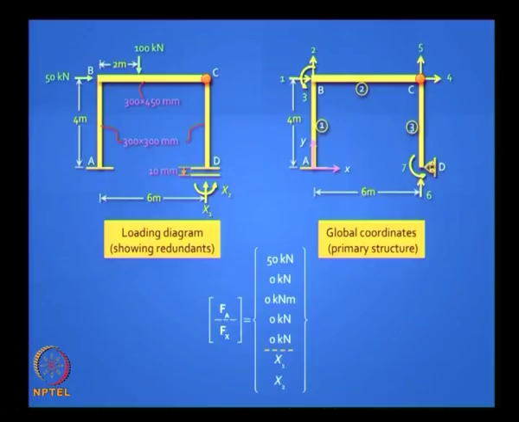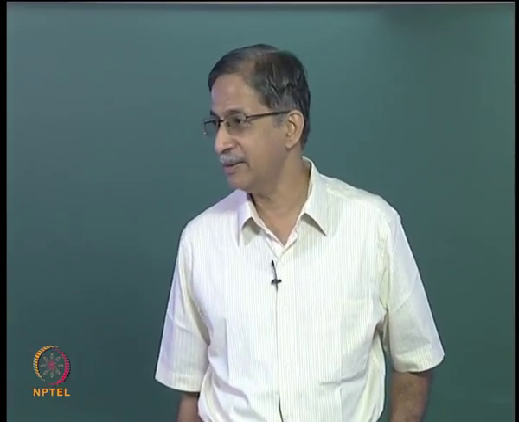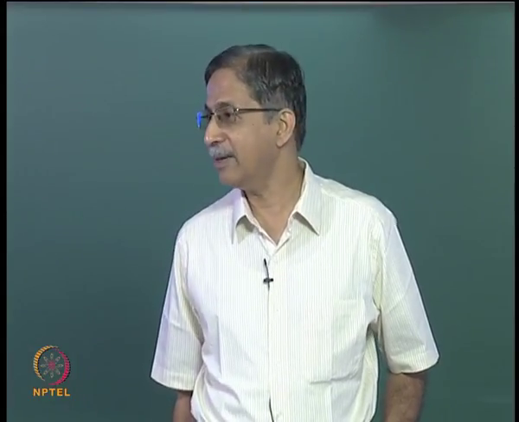You also have to write down the compatibility equations to solve for the unknown redundants x1 and x2. What is d6 and what is d7? Right, d6, that's where you bring in the support settlement. d6 is minus 0.01 meters and d7 is 0. Yeah, you have a question?